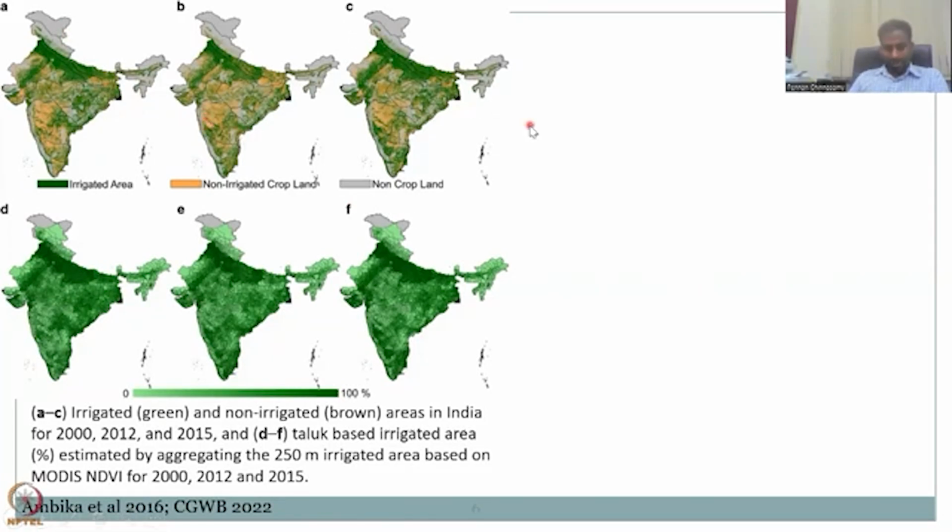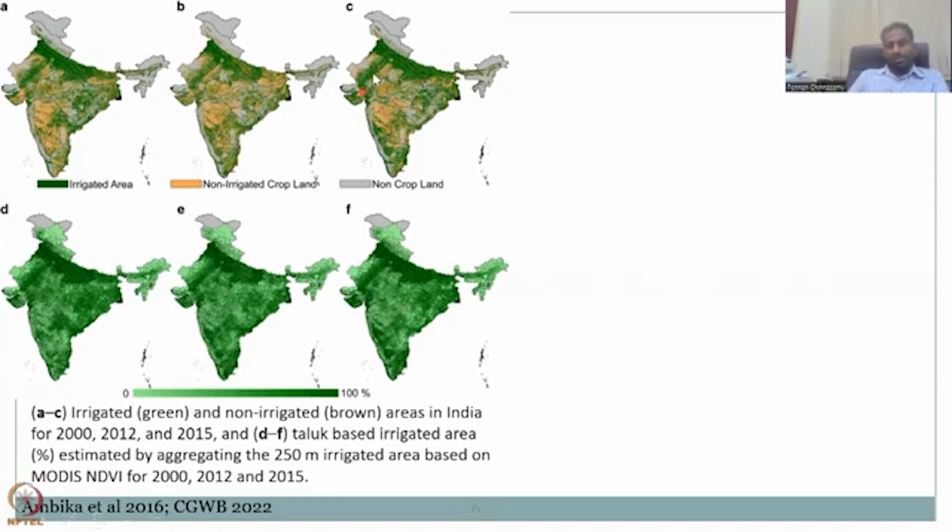No cropland is also given. And then from 2000, 2012, 2015. So you could see that in the 3 time periods, 2000, 2012, and 2015, considerable increase in the irrigated area. The barren land, no crop land, and the non-irrigated brown land is almost the same. See the central parts.